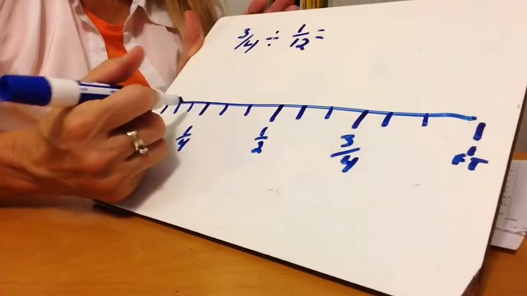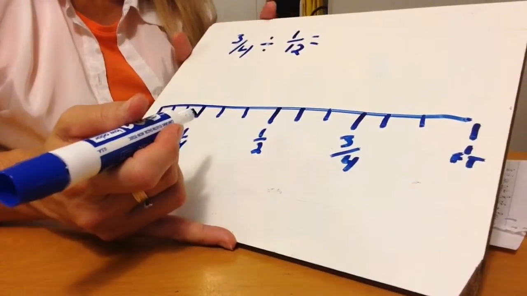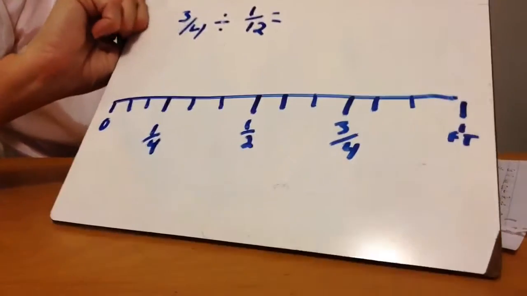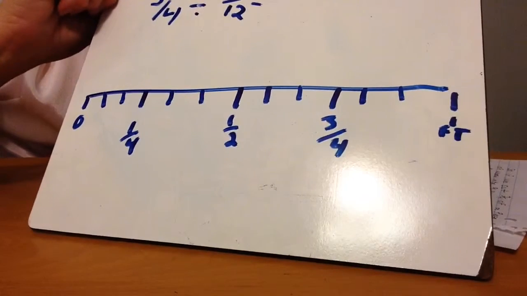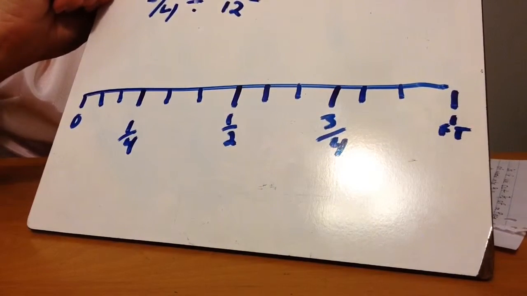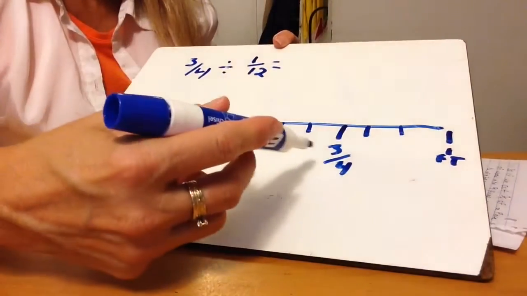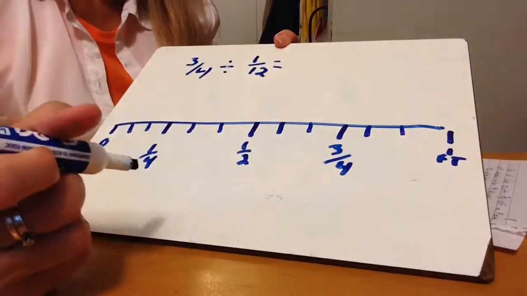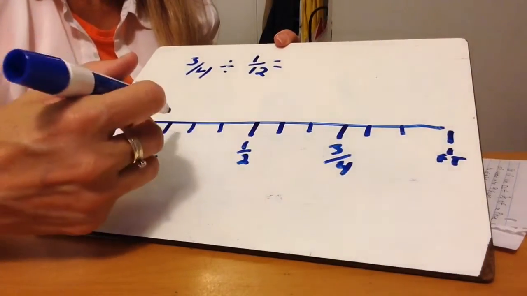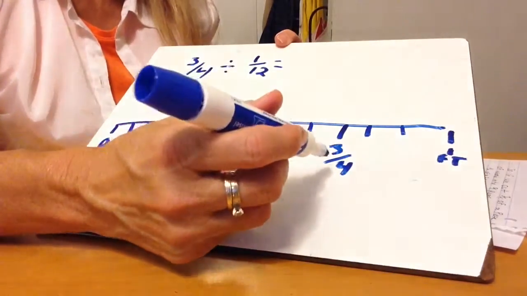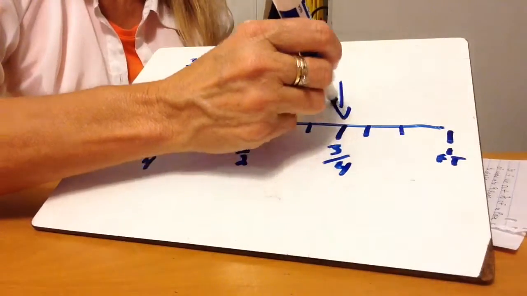So each one of those lines now represents 1/12. So now I need to figure out how many can I get into 3/4 of the piece of wood? So we need to end right there.